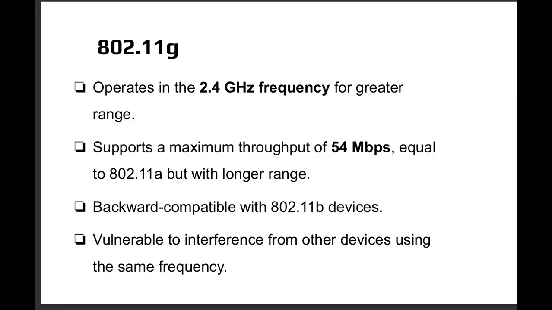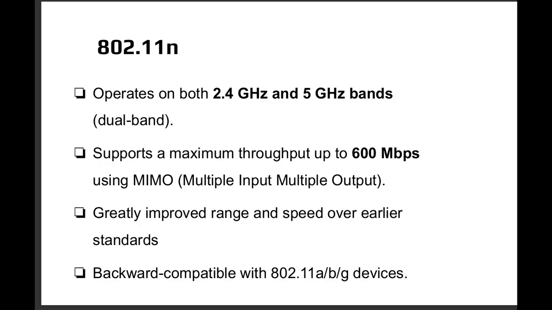The three that are considered the modern standards are N, AC, and AX. 802.11n, also sometimes called Wi-Fi 4, is the first dual band standard. N can operate on both the 2.4 and the 5 gigahertz frequency bands. 802.11n also introduced a new technology called MIMO, M-I-M-O.